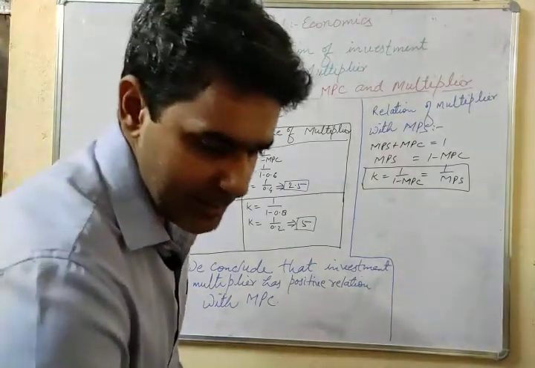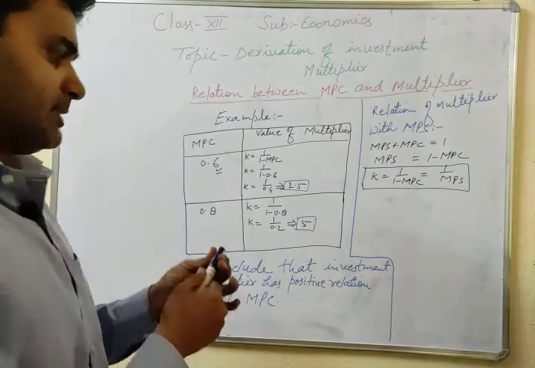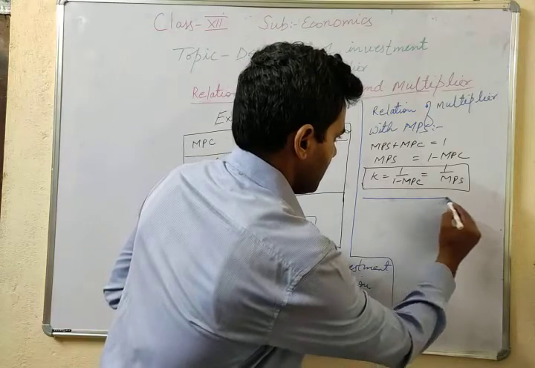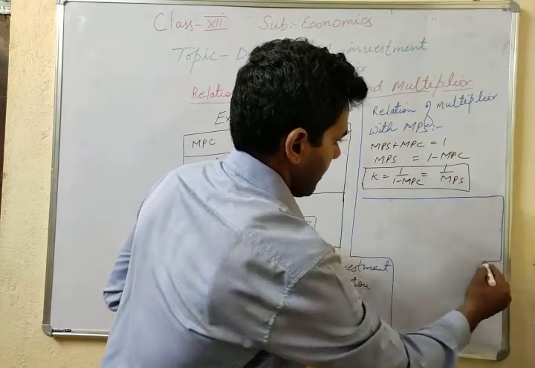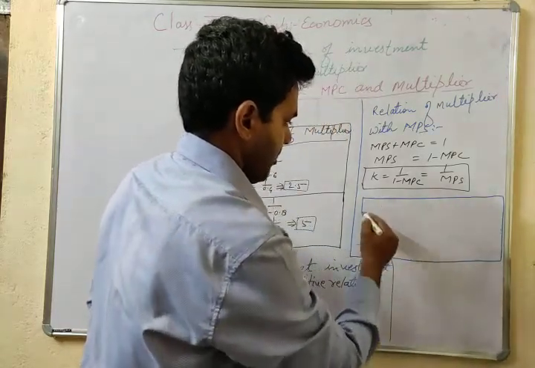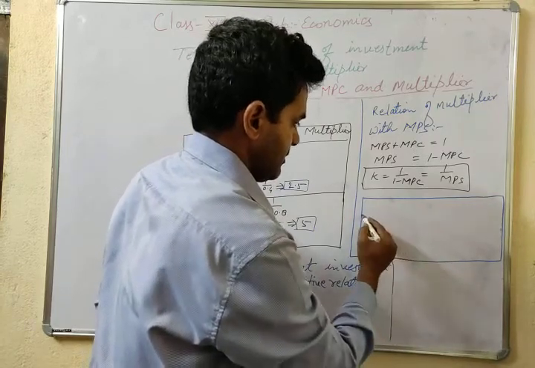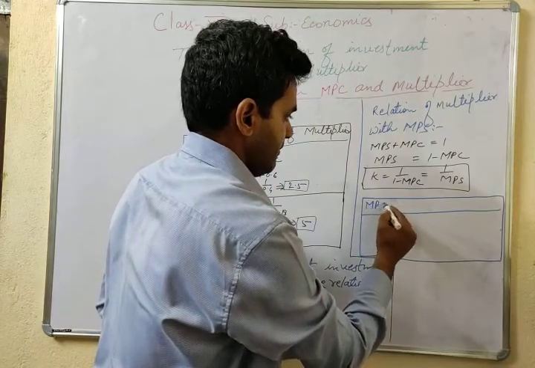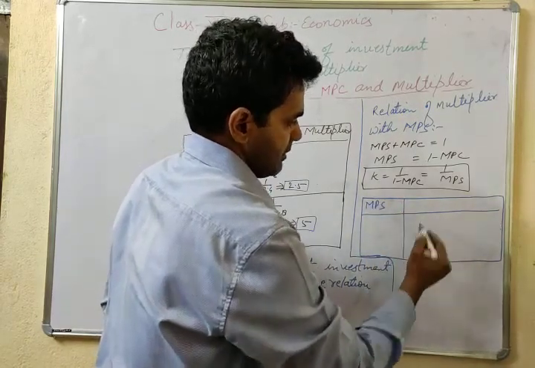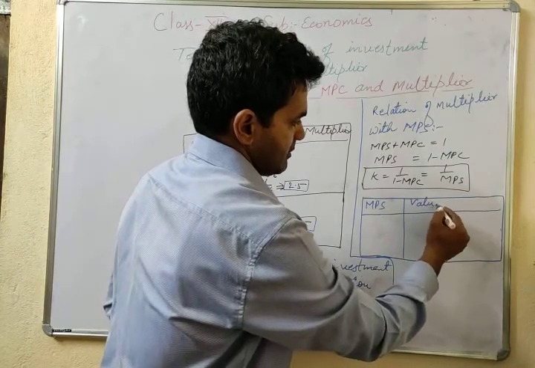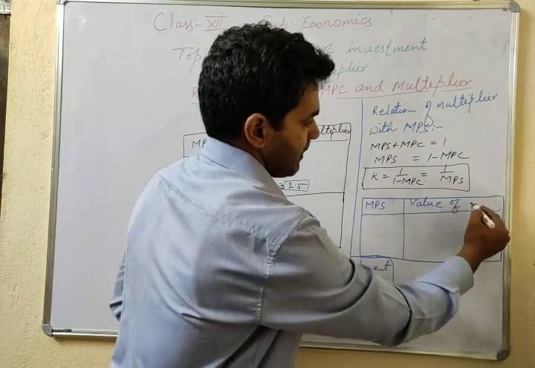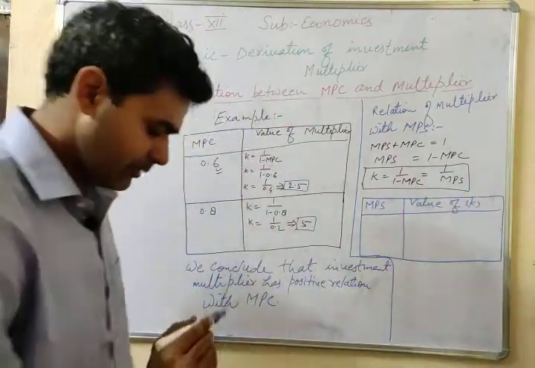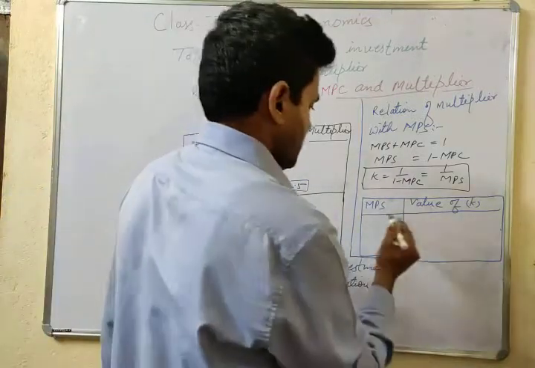Now to understand the relation between marginal propensity to save and investment multiplier, we draw one more table like this. Here I will write the value of MPS and here I will write the value of K or multiplier. Now see the results.